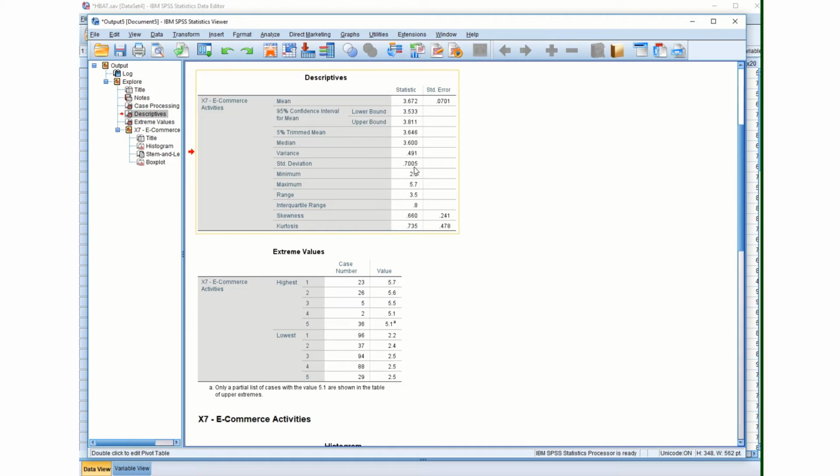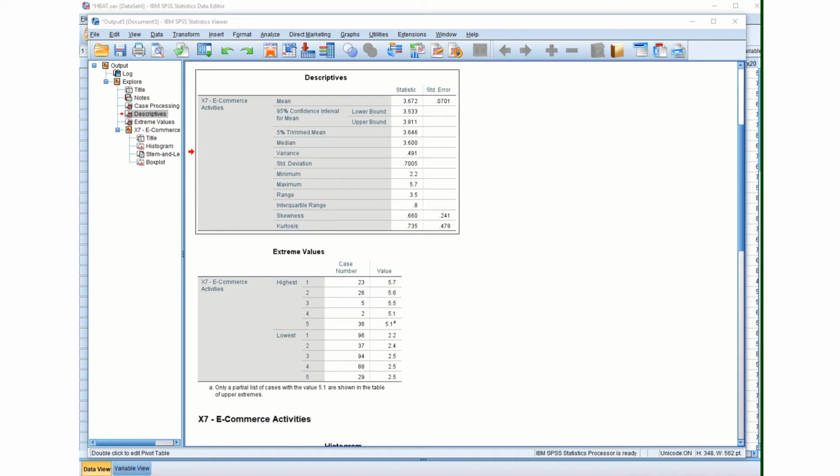So just remember 1.75 above the mean. Anything greater than that is something we could label an outlier, or 1.75 below the mean. So if we added 1.75 to our mean, then we're going to have 5.42. So just remember 5.42 in the back of your mind.